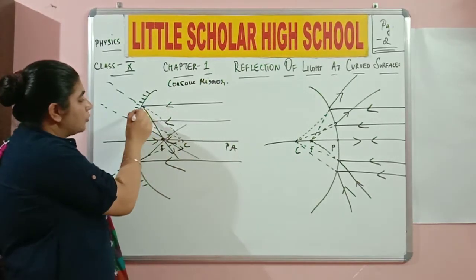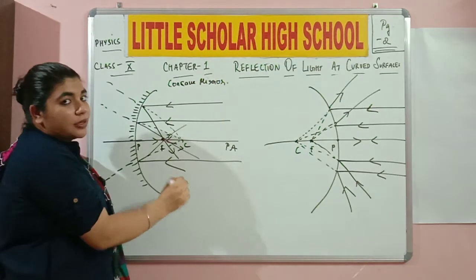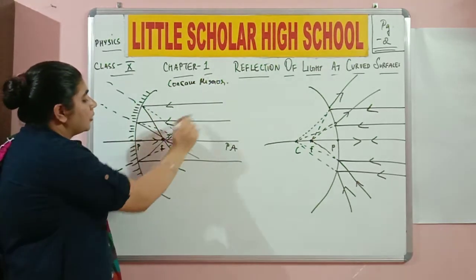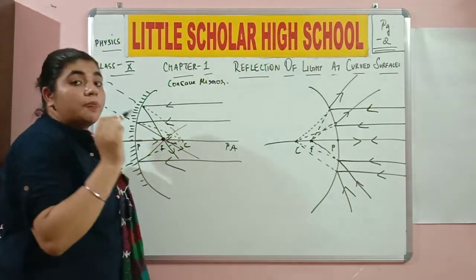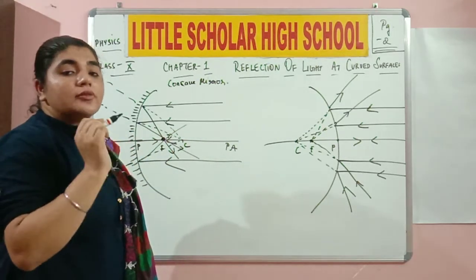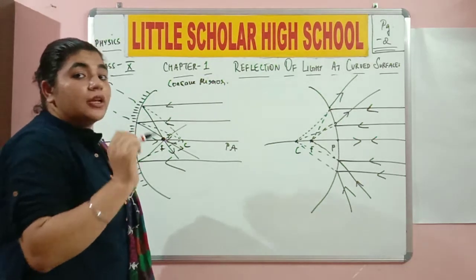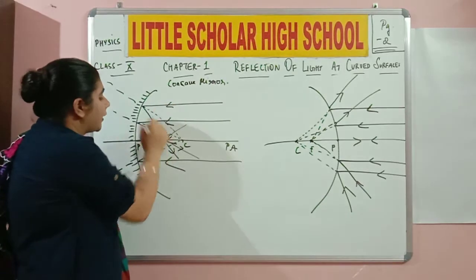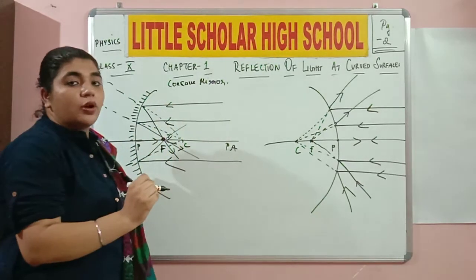Once the incident rays strike the mirror, the light is going to reflect back. Once it reflects back, the reflected rays are also going to meet at a certain point. The point at which the reflected rays are meeting is called the focus or the focal point. I repeat, the point at which the reflected rays are meeting is called the focus or the focal point.